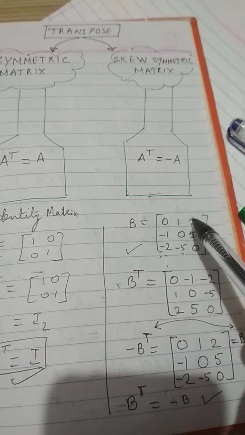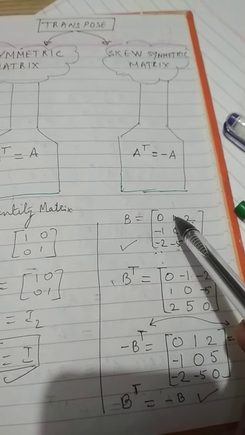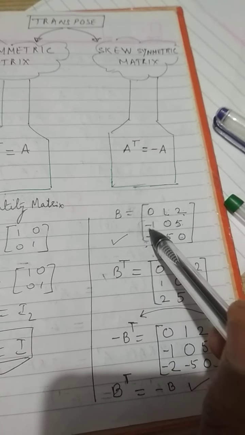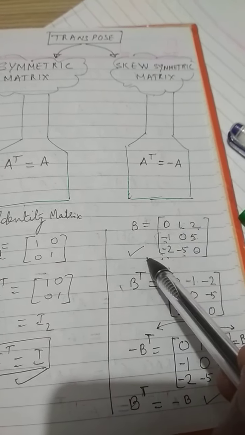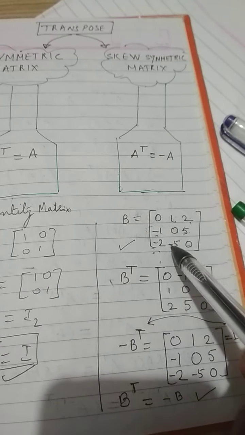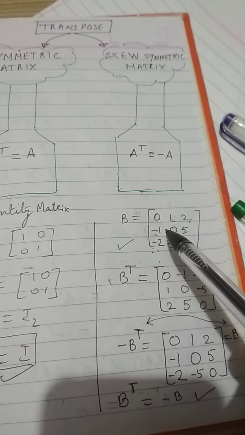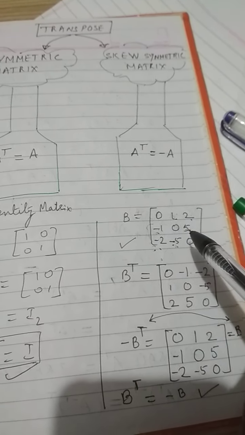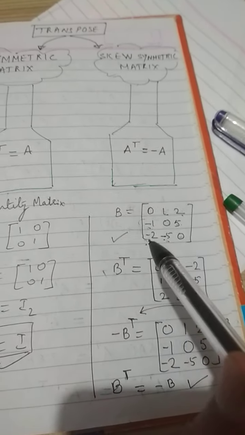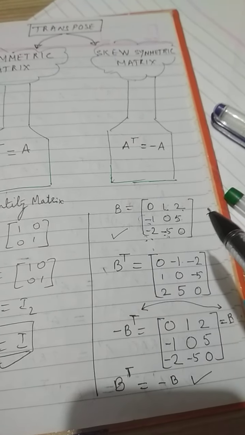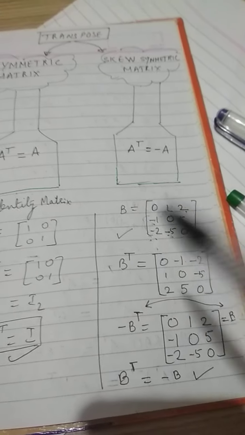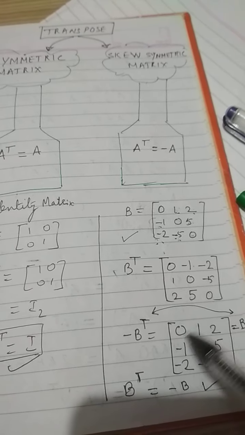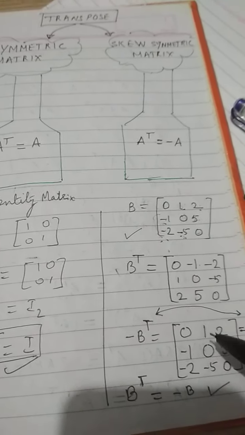Similarly, the first row, second column element will be the negative of the second row, first column element. Similarly, the third row, second column element will be the negative of the second row, third column element. So Aij is equal to minus Aji. Ith row, jth column element will be negative of jth row, ith column element. So this is the property of a skew symmetric matrix. You can identify it like this.